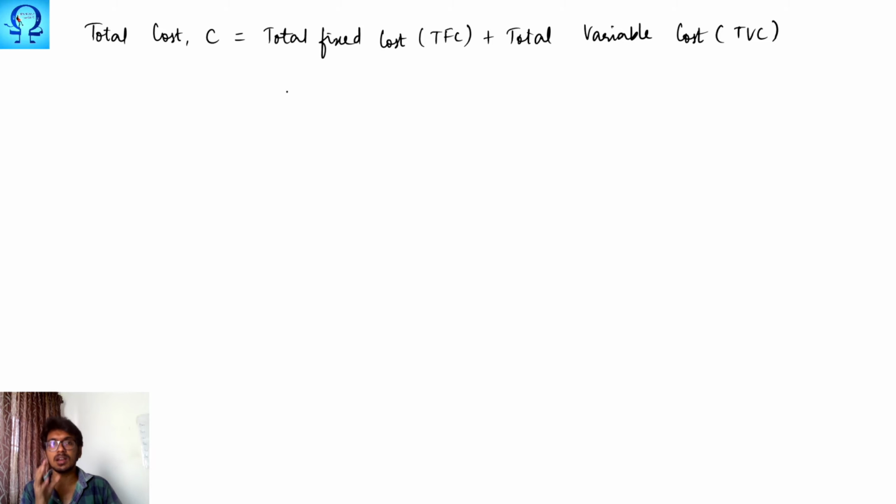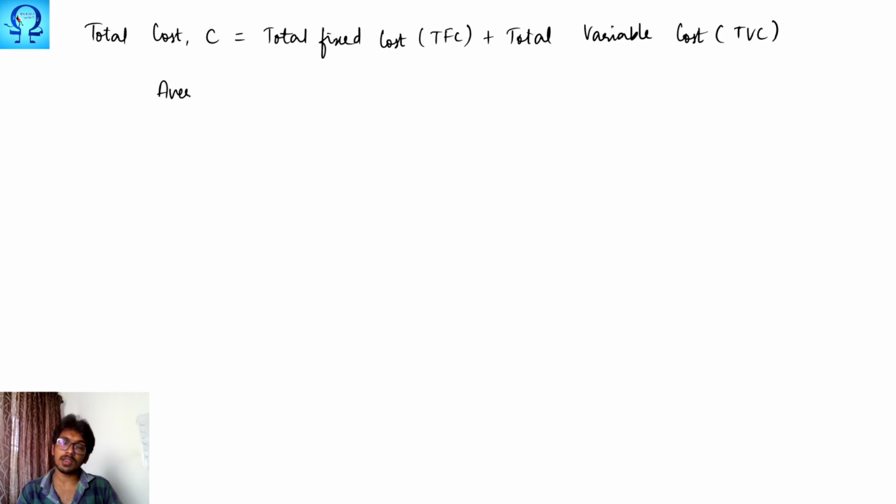It is the cost involved irrespective of the number of products that you produce. Initially, while starting the concept of differentiation, we spoke about the typesetting charges in a printing company, right? The typesetting charges are irrespective of how many copies you are going to make. So that is a fixed cost. And the variable cost involves the number of units that you are going to produce. So hope you have an idea of what we mean by total cost.